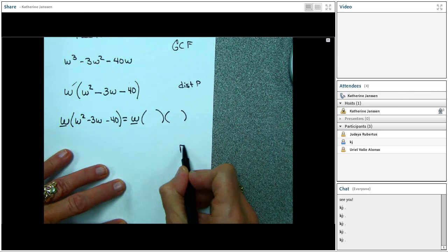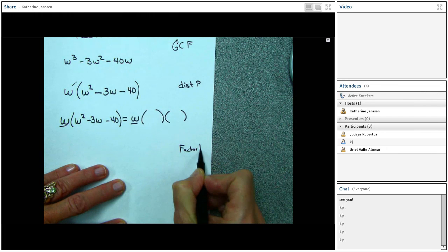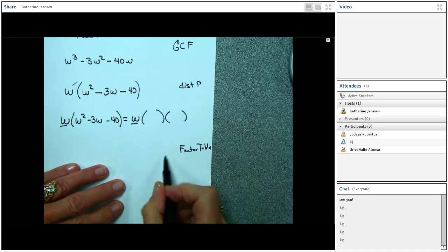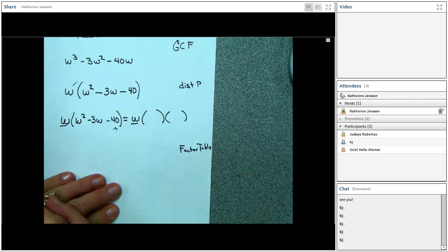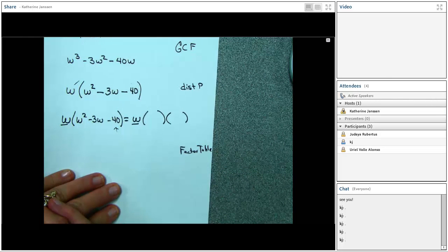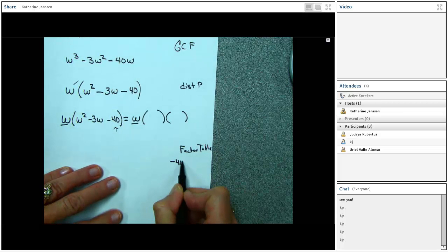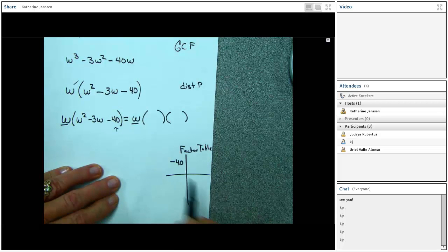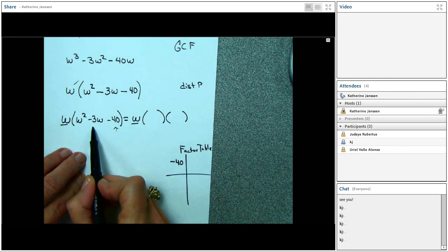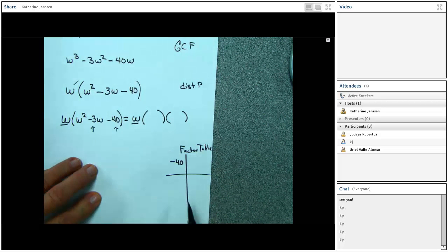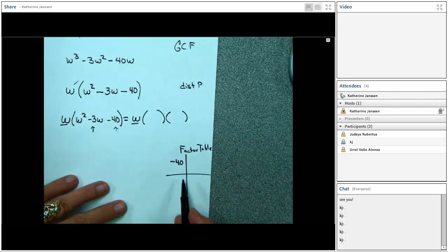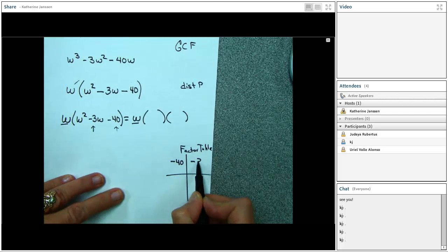So now let's build our factor table. We need factor pairs of the constant, which is a negative 40, whose factor pairs have a sum of negative 3.